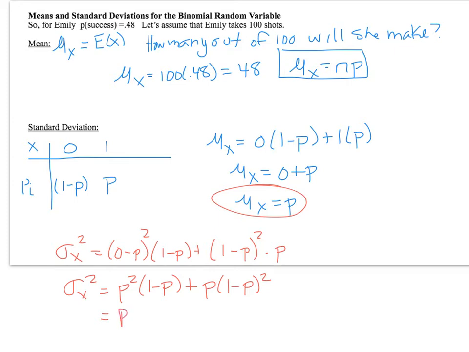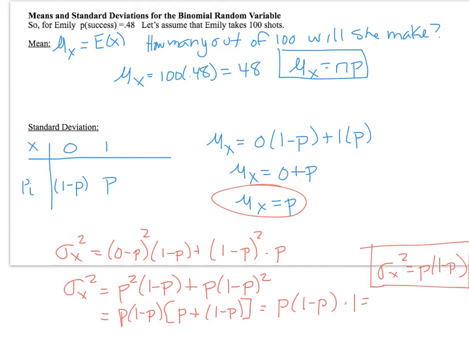So if I pull out a p times 1 minus p, left inside the parentheses I would have a p from the p squared in the front, plus a 1 minus p for the second term. So p plus 1 minus p would be p minus p, which is 0, plus 1 is 1, so times 1. So the variance for x would equal p times 1 minus p.